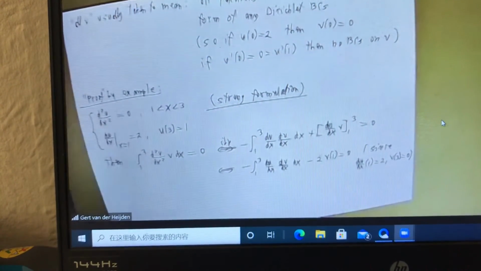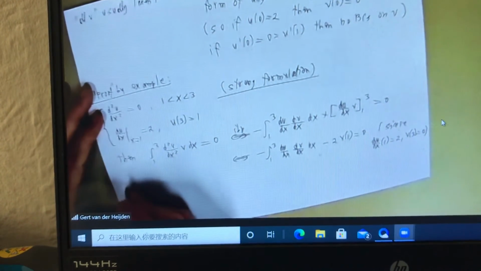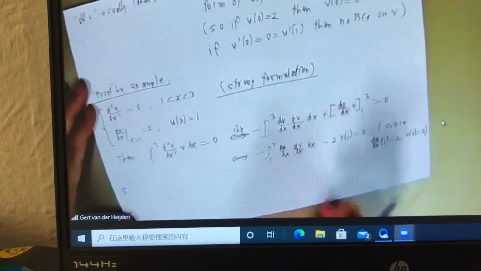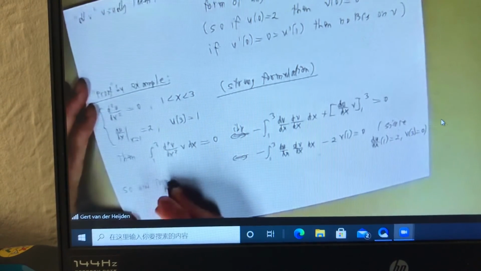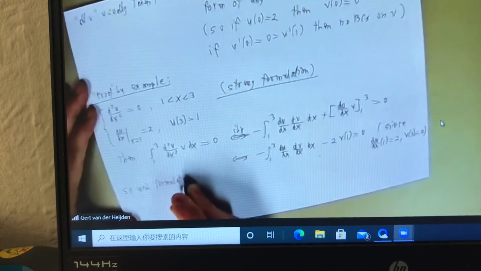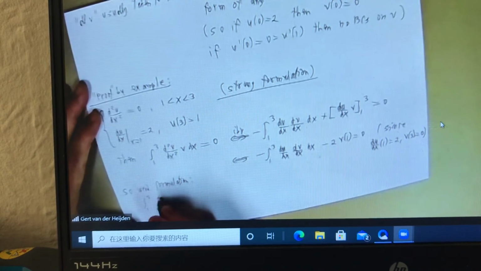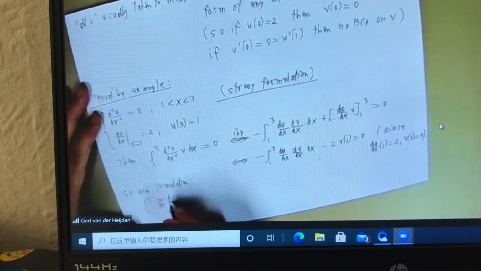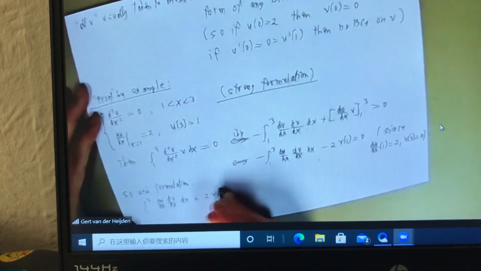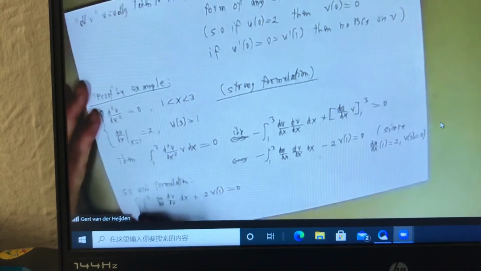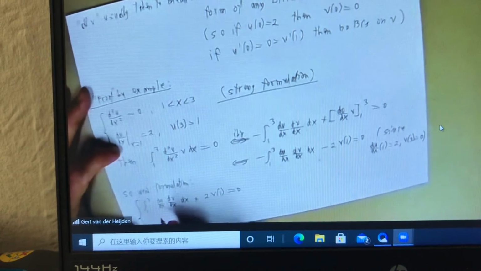Okay? So the weak formulation is, we've already proved that the strong implies this weak formulation. So the weak formulation is that we need to solve this problem, the integral of du/dx dv/dx, plus 2 v(1) equals 0, together with, we've already used the derivative boundary condition, so I don't need to copy that along.